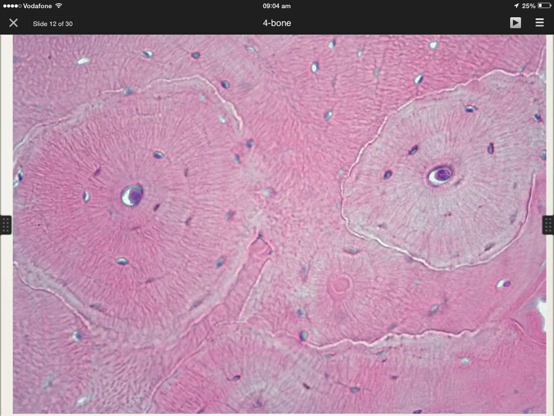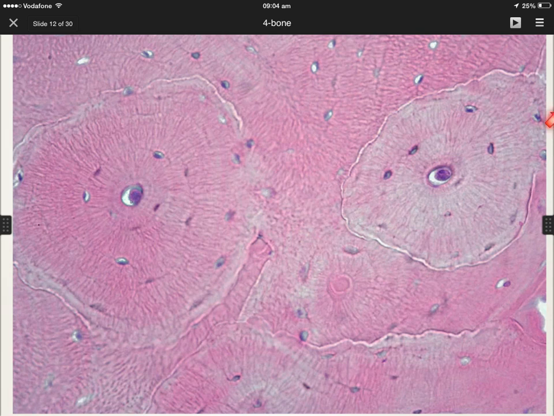You may be asked here about the LM feature for the osteocyte. It is oval, it is basophilic in staining. Nothing else can be seen here in the light microscope picture in this slide.